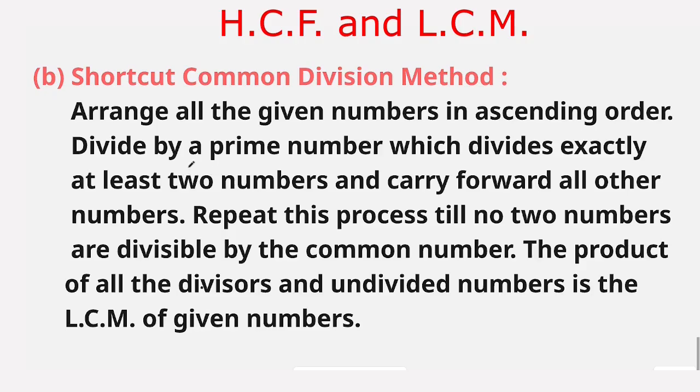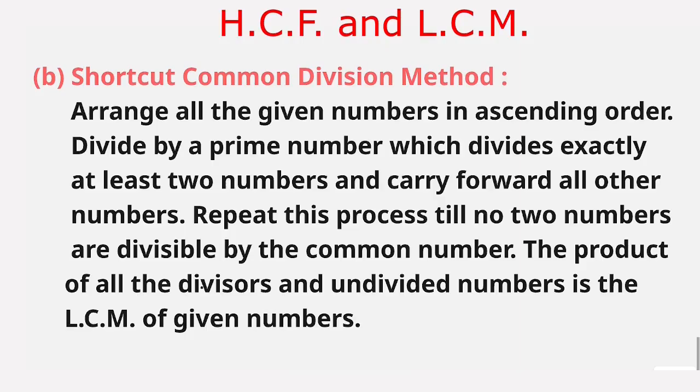Divide by a prime number which divides exactly at least 2 numbers and carry forward all other numbers. Repeat this process till no 2 numbers are divisible by common number. The product of all the divisors and undivided numbers is the LCM of given numbers.